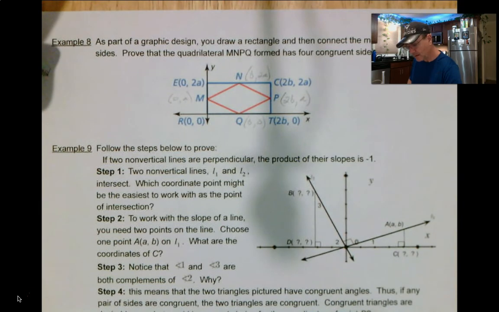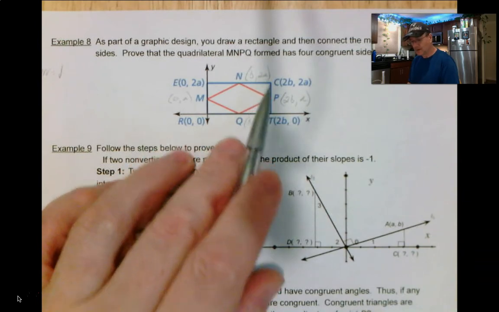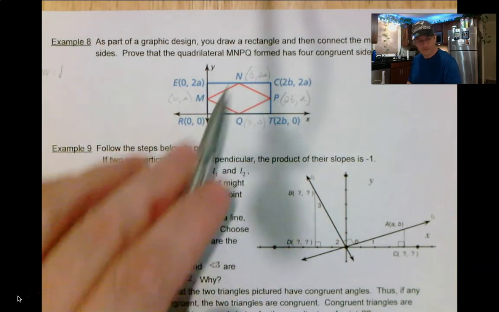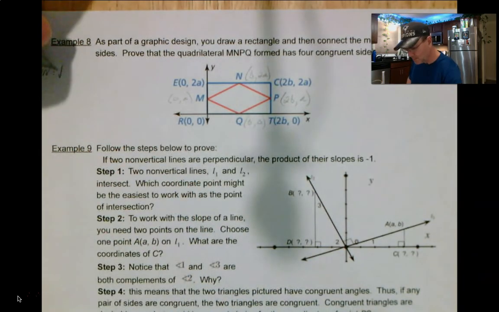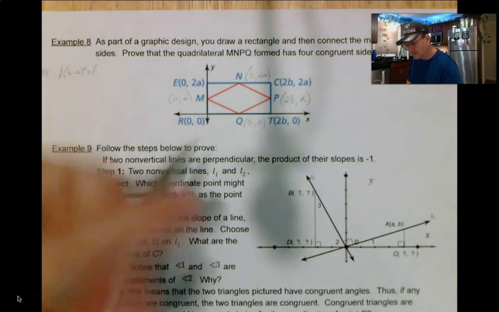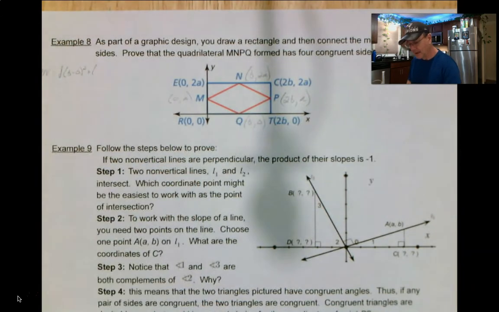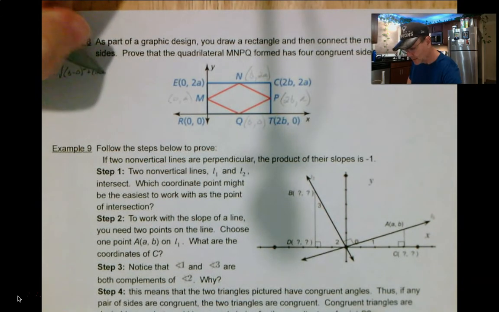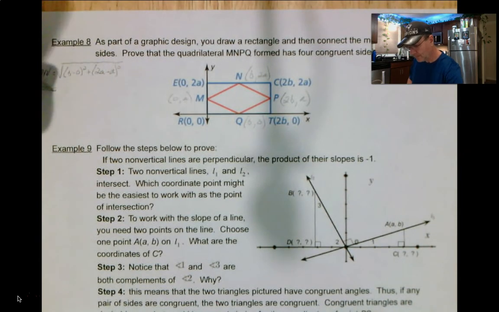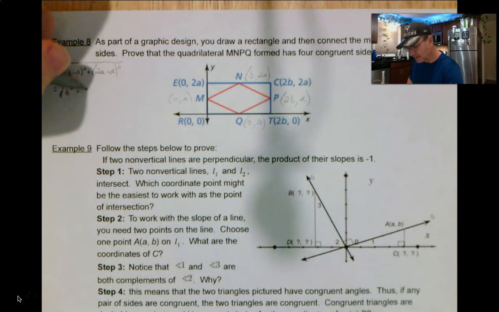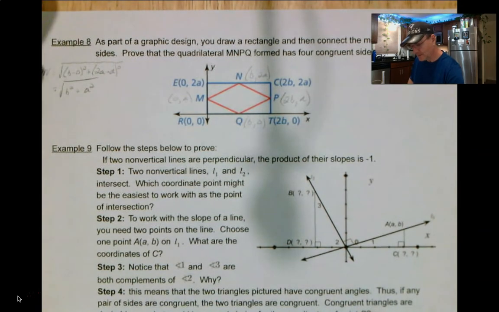MN is equal to square root, let's do x2 minus x1, so b minus 0 squared plus 2a minus a squared. And I get square root of b squared plus a squared is the length of MN.